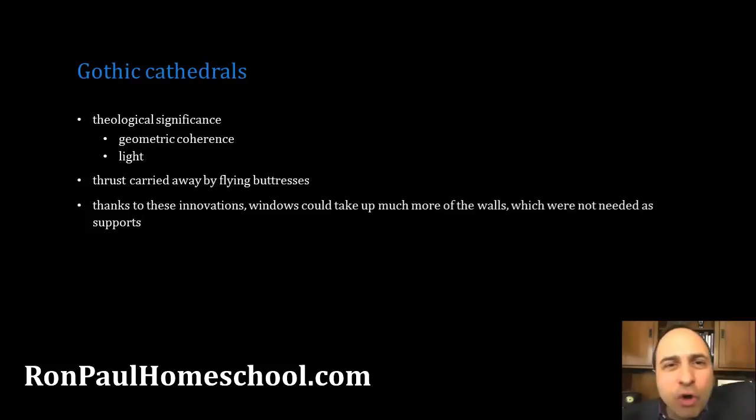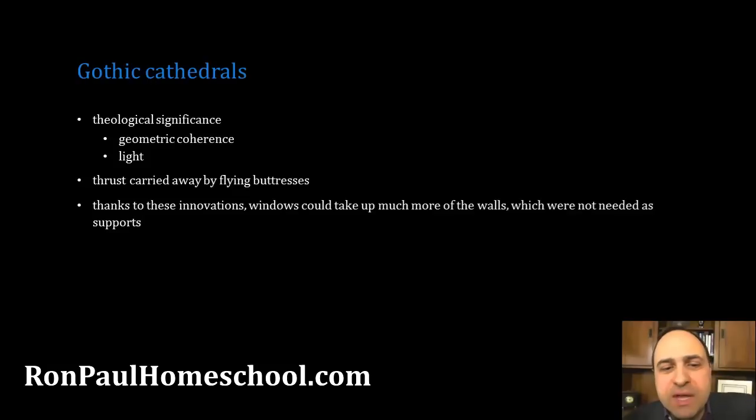So you won't have to have all these big buttresses inside the building. You'll have what's called flying buttresses that are going to transfer the weight to structures on the outside of the building. So you've got this force pushing down on the walls of the cathedral because of all the heavy building materials that are used.